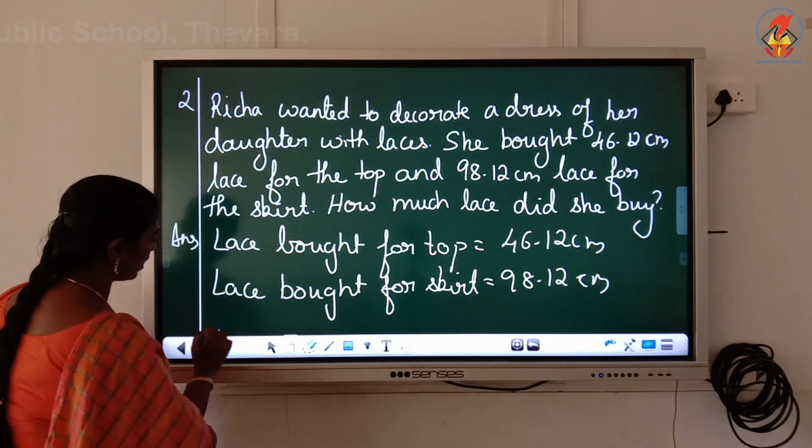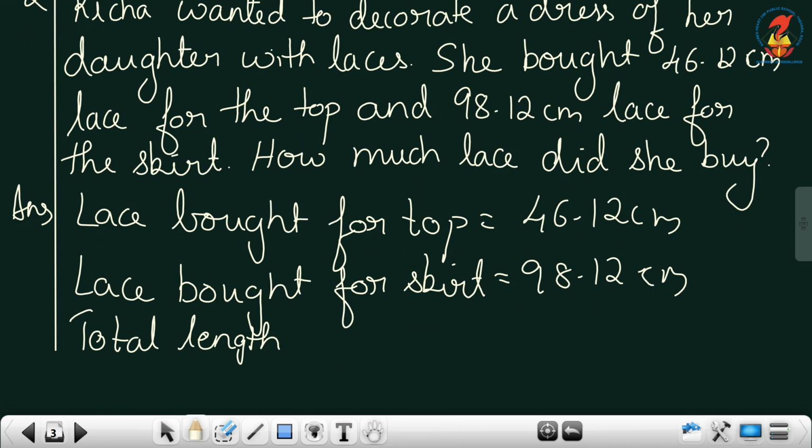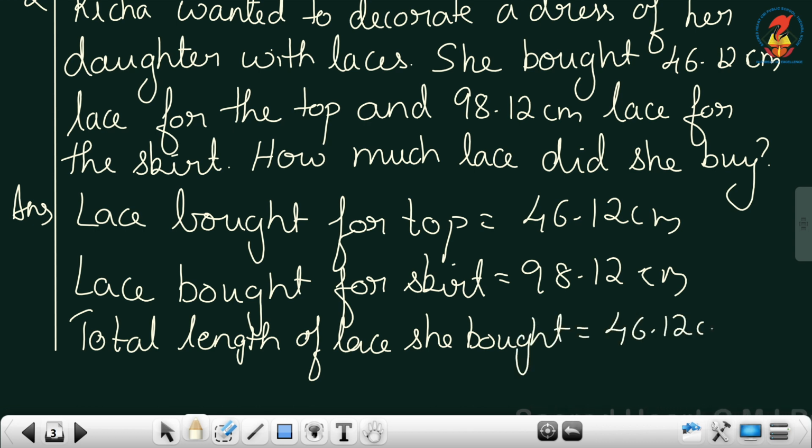So total length of lace she bought, that is equal to 46.12 centimeter plus 98.12 centimeter.